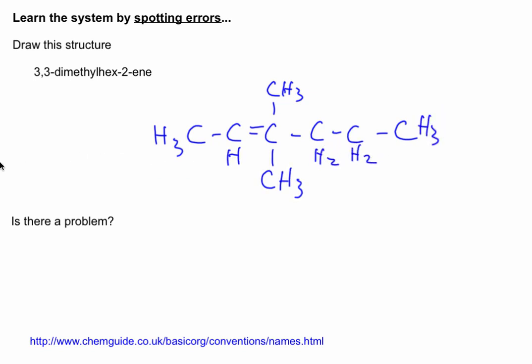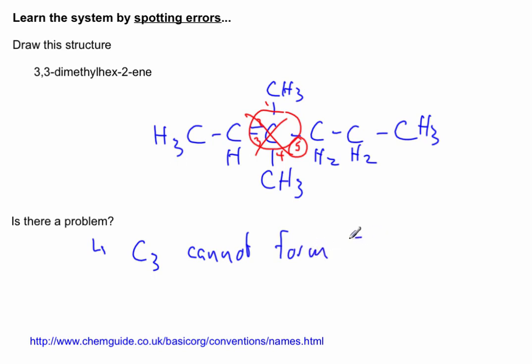And so the problem is here on carbon 3. 1, 2, 3, 4, 5 bonds to that carbon 3, which is impossible. So that name is incorrect. You can draw it, and then you should be able to figure out why that's not correct. So again, what's the problem? The problem is C3 cannot form 5 covalent bonds.